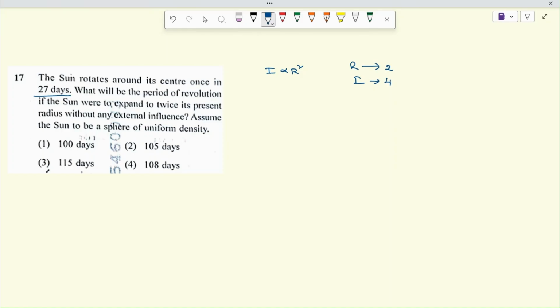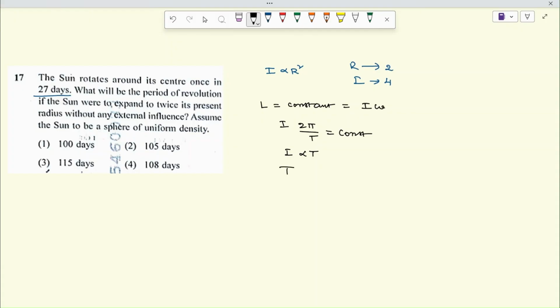So now if radius became 2 times, moment of inertia will become 4 times. And according to conservation of angular momentum, L is constant, angular momentum, which is I into omega. So I into omega should be constant, and omega can be written as 2 pi by T. So I into 2 pi by T should be constant, or you can also say I proportional to T. Now, in this question, I became 4 times because of the radius.